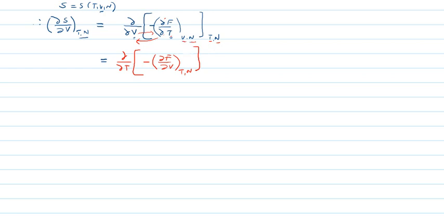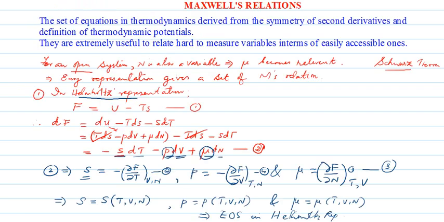So what I have here is V and N outside. Now let me refer back: minus ∂F/∂V at constant T, N. Let's go back to equation number C. Minus ∂F/∂V at T, N is nothing but P, the pressure.